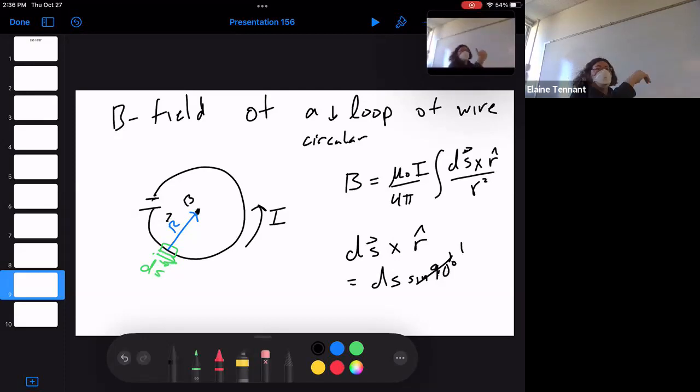No. Okay. So all the ds's are going to add a magnetic field in the same direction. Sound good? Okay. Positive z, which again we'll come back to once we do all the math. Okay. This looks really nice.